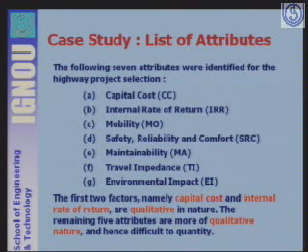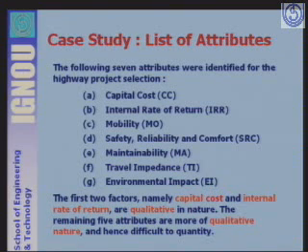On your screen you can see the list of attributes. For this case study I have taken 7 attributes: capital cost, internal rate of return, mobility, safety, reliability and comfort, maintainability, travel impedance and environmental impact. It is not simple to generate the criteria.